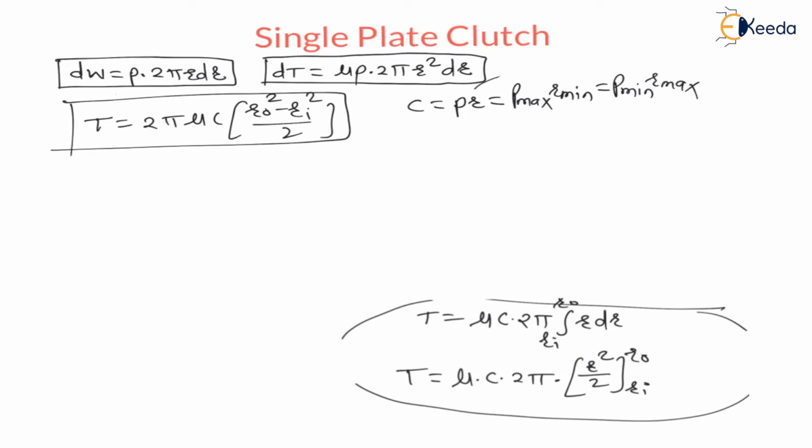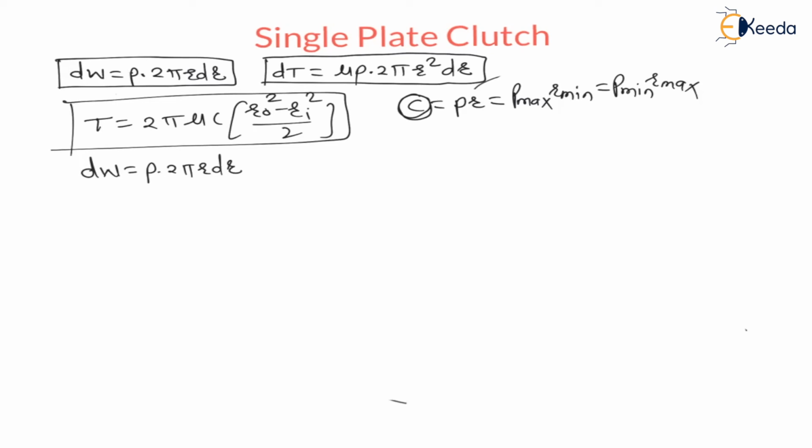Now let us convert this c in terms of the normal load W. The normal load dW is nothing but p into 2 pi r dr. As per the uniform wear theory, the product of pressure and radius is constant, therefore dW is equal to 2 pi c dr. Now integrate both sides for getting the total load.